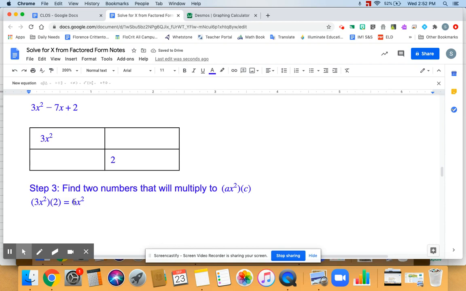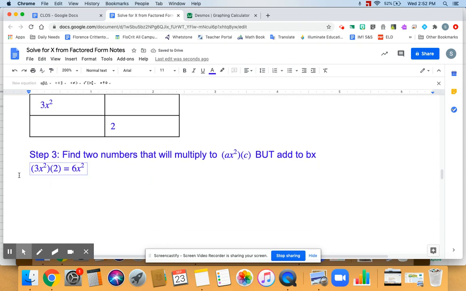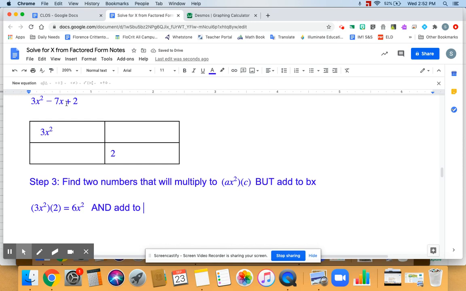But I need two numbers that will multiply to 6x squared, but add to bx. So I need two things that are going to multiply to 6x squared and add to whatever my b was, and in this case, my b is negative 7 x's.